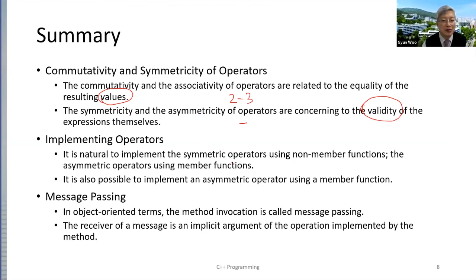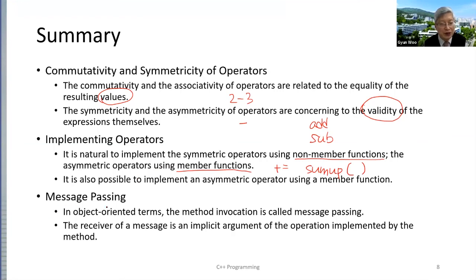So once it is symmetric, you want to implement it as a non-member function, such as a global one, such as sub or add. But if it is not symmetric, it is recommended to implement that function using members only, such as add up or sum up. For implementing this, sum up or add up will be okay, receiving just one additional parameter.